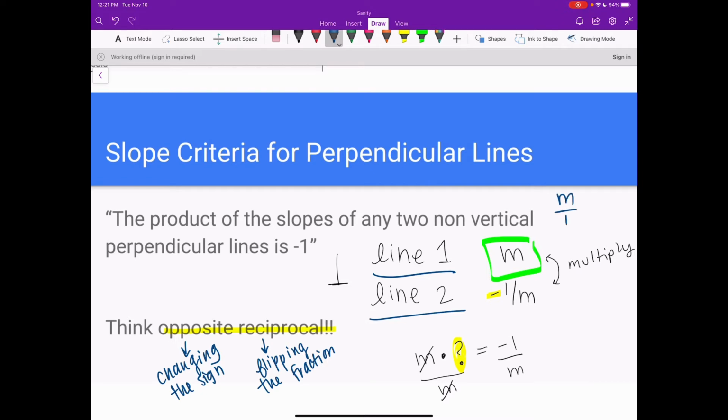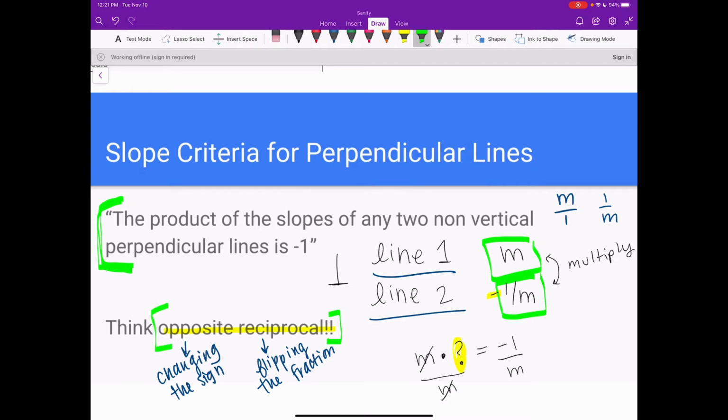So if I wanted to flip that fraction, you would have 1 over m. And that is what we see in the slope for line 2. So I think this would be a great thing to get down, this idea that multiplying their perpendicular slopes together will give you -1 because they are opposite reciprocals.